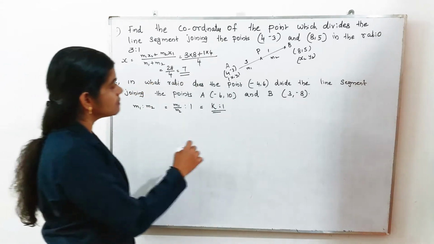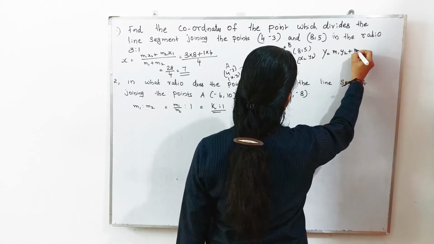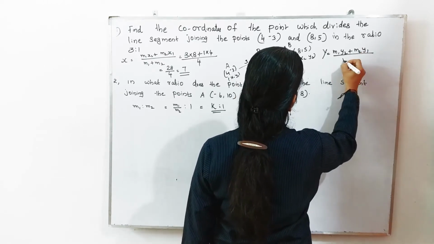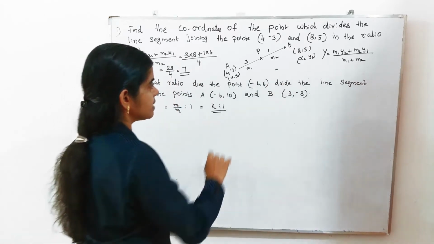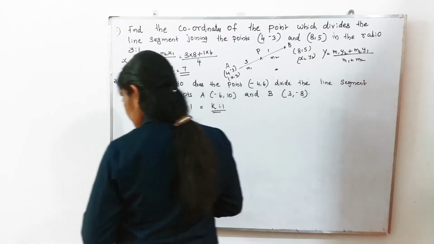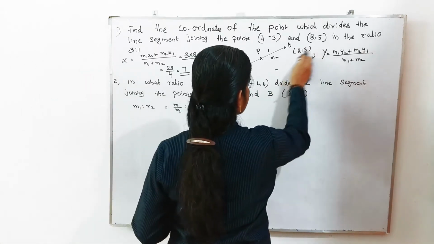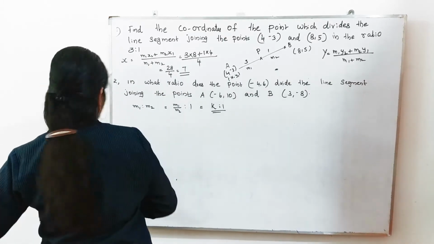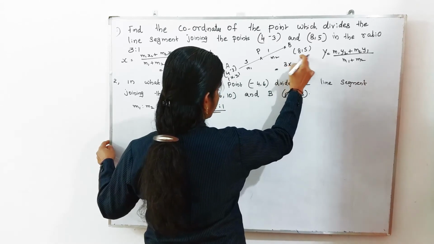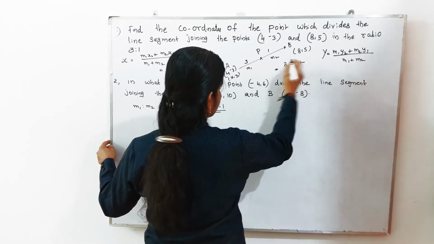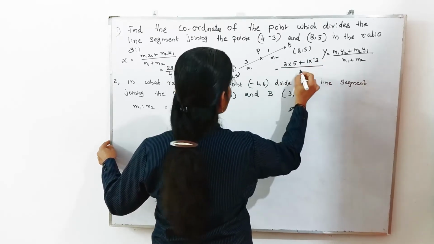Next we want to find the y coordinate. y is equal to (m1 y2 + m2 y1)/(m1 + m2). Here m1 is 3. 3 into y2, that is 5, plus m2 is 1, 1 into -3, divided by 4.